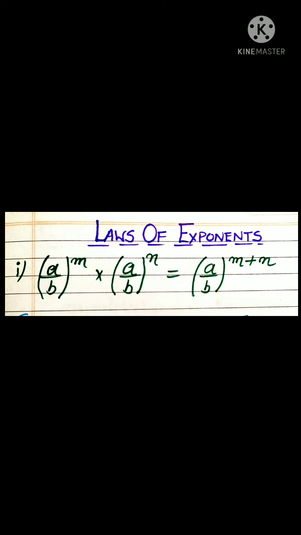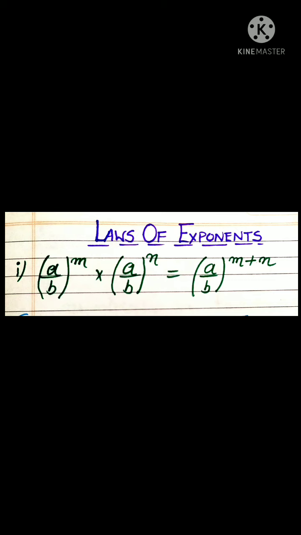If we have the same base, if there are two numbers in multiplication and the numbers have the same base, then their powers add. Like you are seeing, the first number a upon b to the power m and a upon b to the power n, they both have the same base, a upon b. Now their powers will be added. You will get a upon b to the power m plus n.